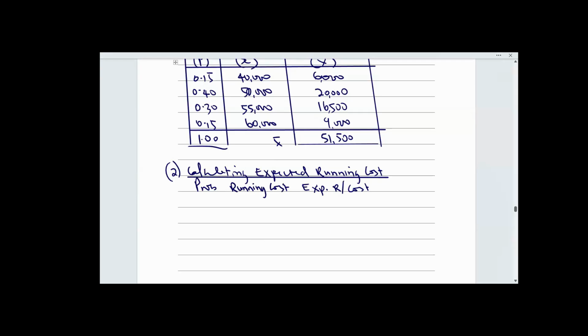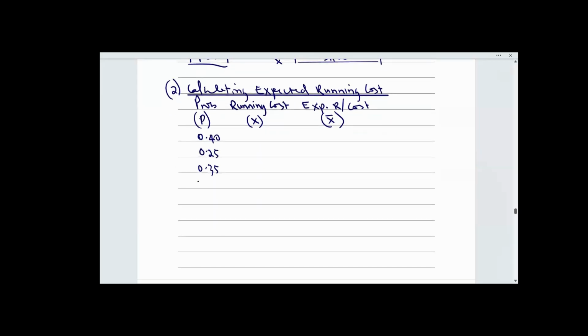Then pick the probability of running costs, which is 0.4, 0.25, 0.35. When you add it up, it gives you 1.